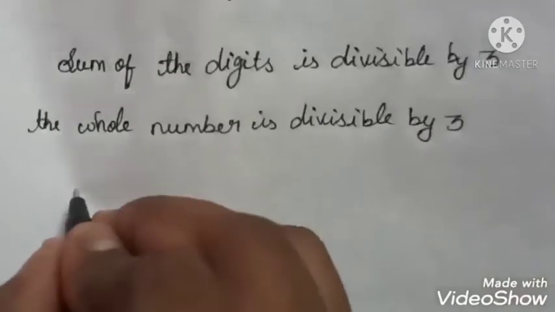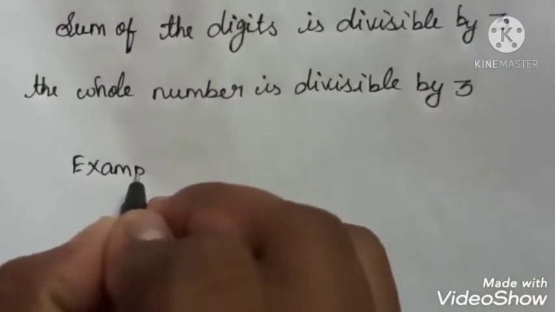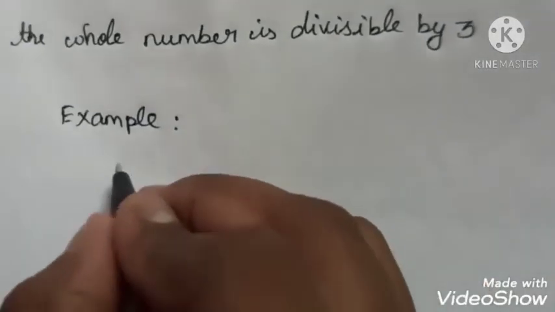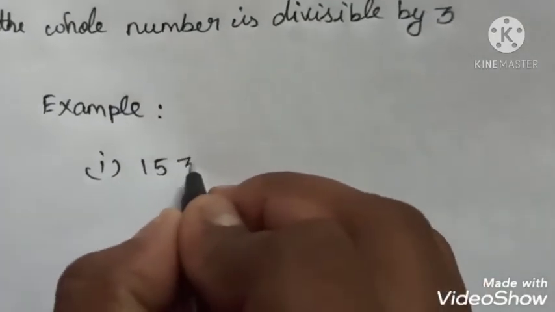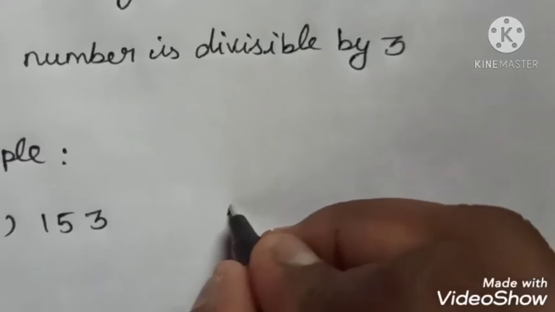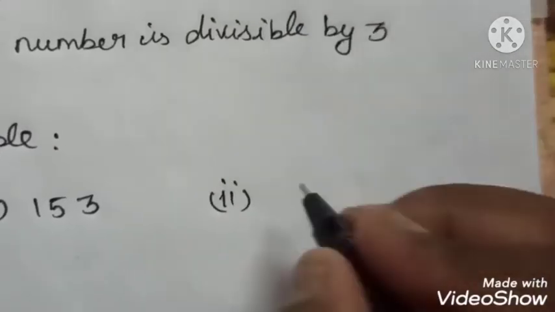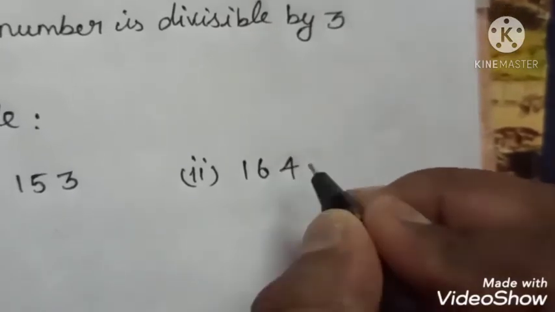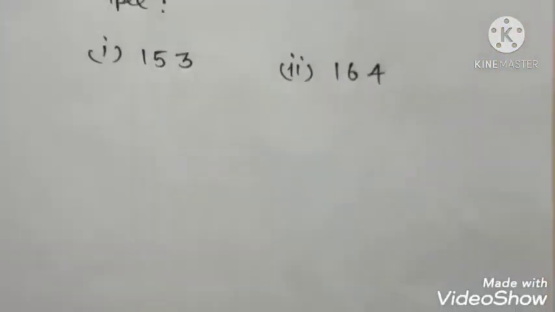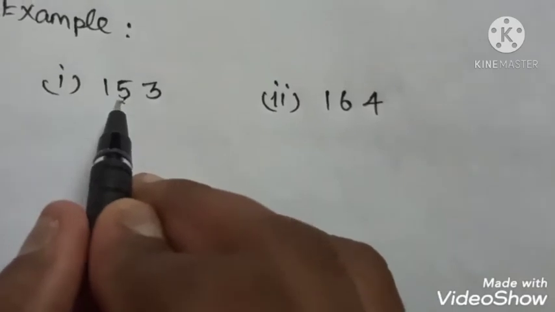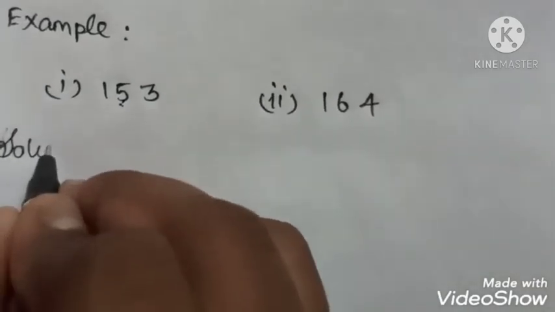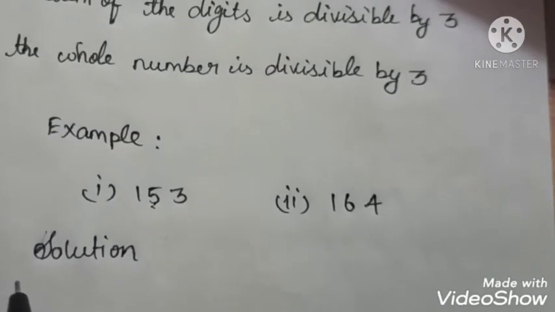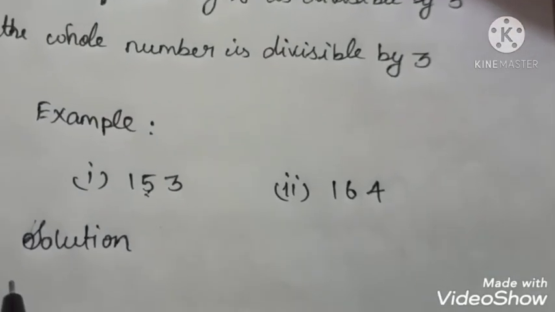So I show by an example. Here I give two sums. One is 153 and another one is 164. First I have to check the first question. Solution. What is the rule? If the sum of the digits is divisible by 3, the whole number is divisible by 3.